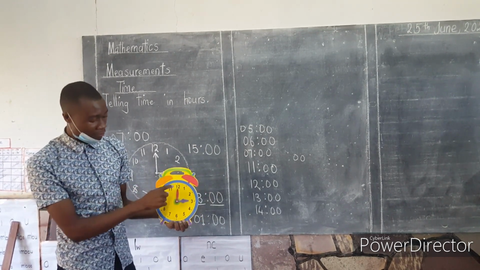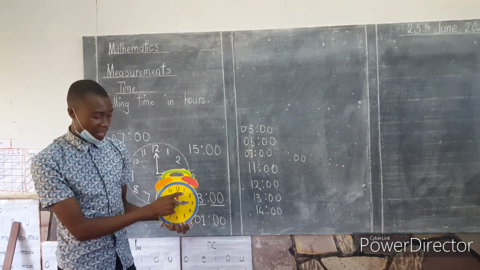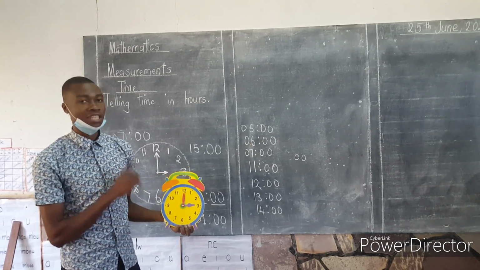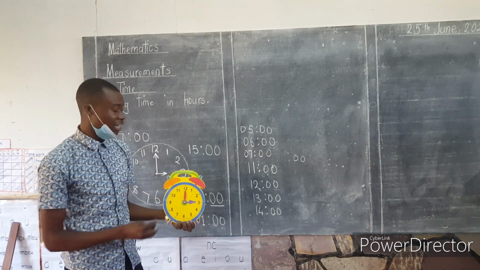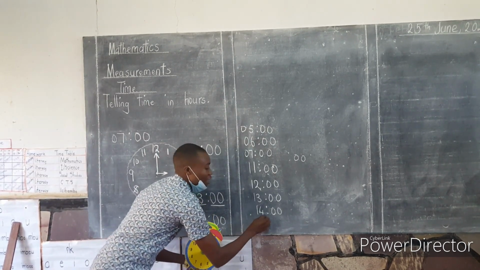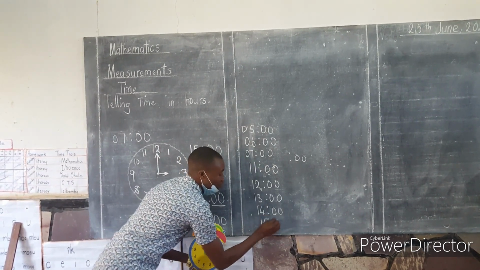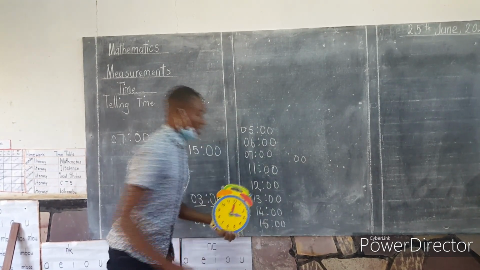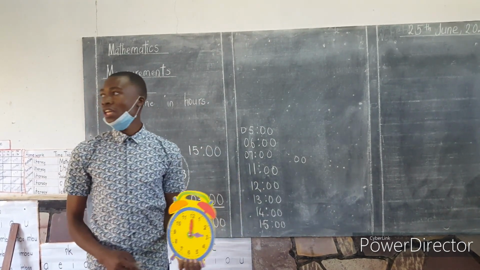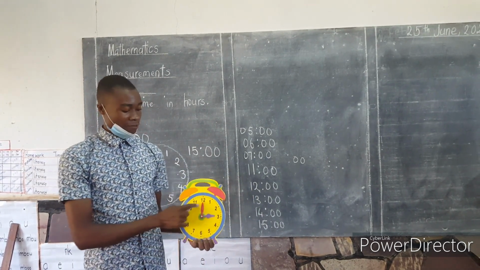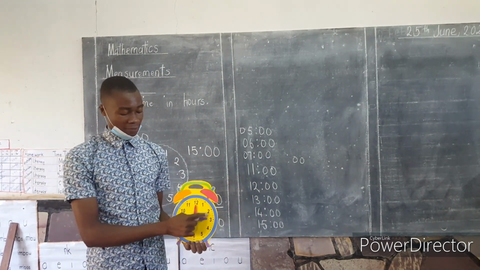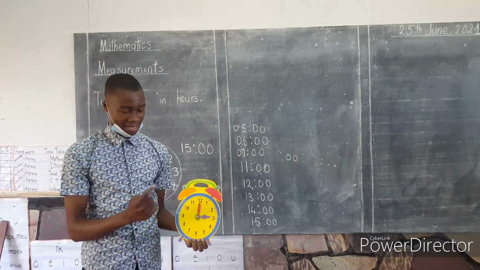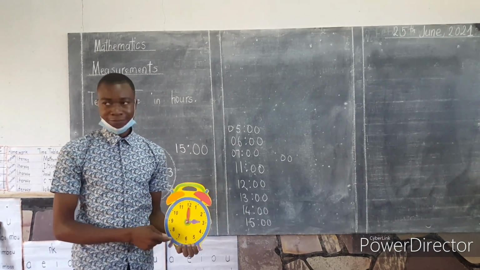Start from 12, 13, 14, 15. Okay, I'm sure by now you can tell: from 12, 13, 14, 15, 16, 17, 18.